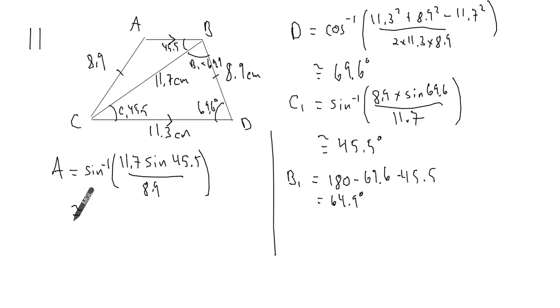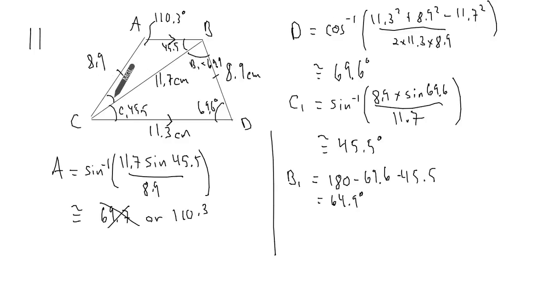So this angle A is roughly equal to, and with the ambiguous case, we can get 69.7 or 110.3, and clearly this is greater than 90 degrees, so we'll be using the 110.3, which means this angle in there is 110.3 degrees.